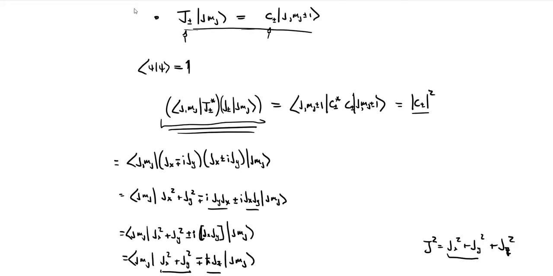Or, since these are orthogonal, we factor out that h bar squared, and we have J times J plus 1 minus MJ times MJ minus plus 1, like that. And we know that this whole thing is going to be equal to this proportionality factor we had here.